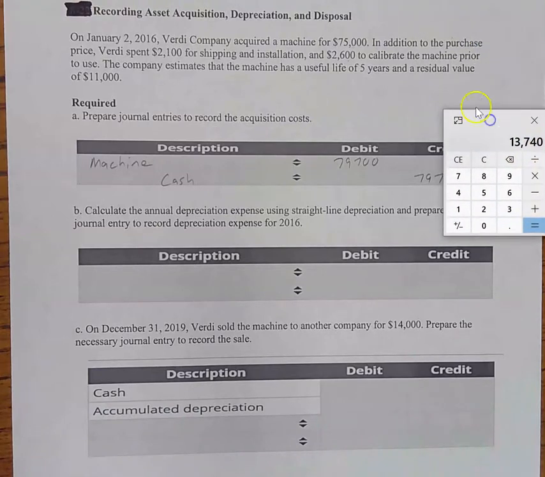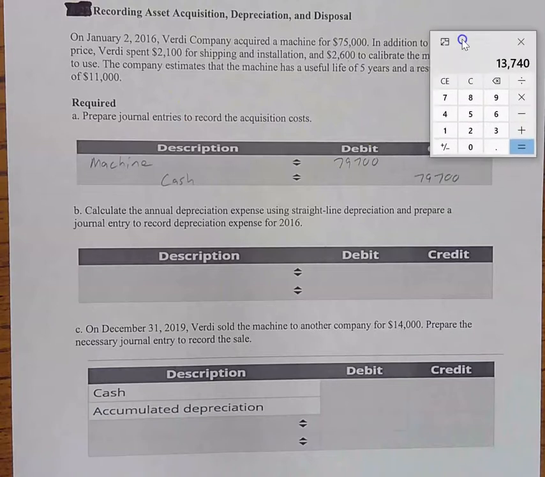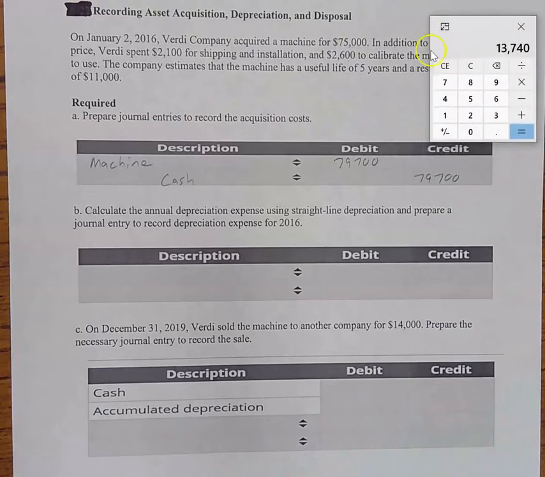Now notice that the machine was purchased at the very beginning of the year. So with the exception of one day, January the 1st, we basically have a full year here. So that's what we're going to do. Now, if we know about the historical cost principle, we know that this machine must be left on the balance sheet at $79,700.